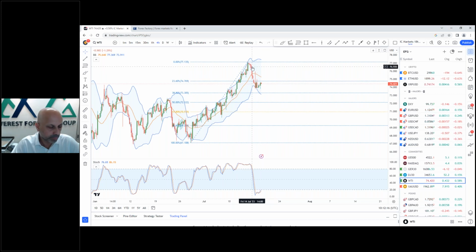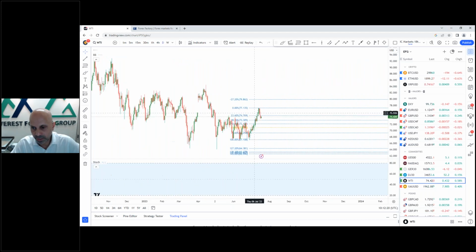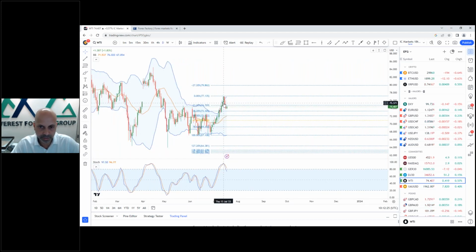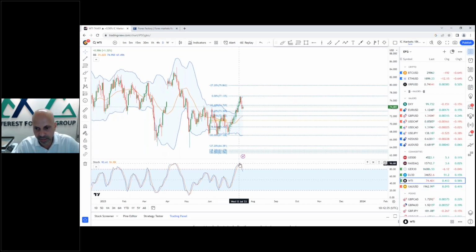But based on the daily time frame, especially for what we saw recently with this sort of price action, you can see on a daily time frame price is pushing higher through the upper bound of the Bollinger Band. What is equally important, or probably more important, is the relative strength of the stochastic here.